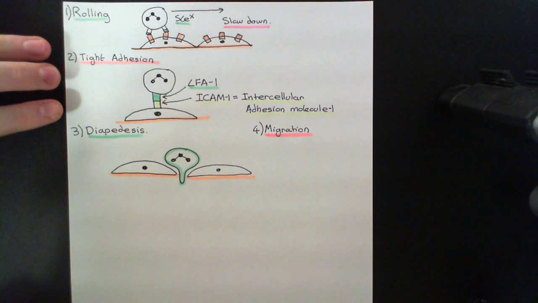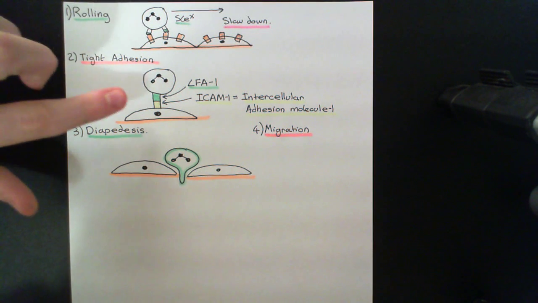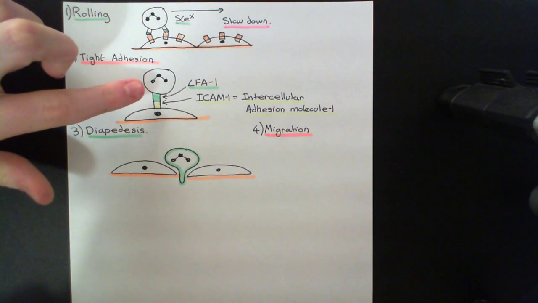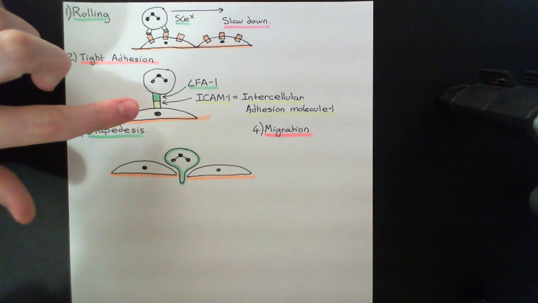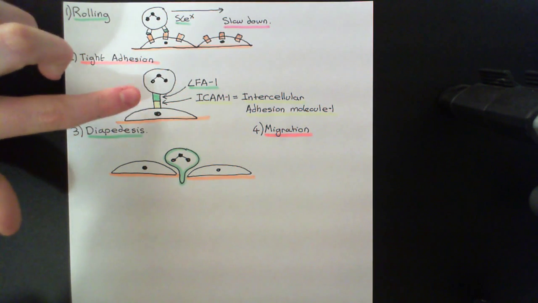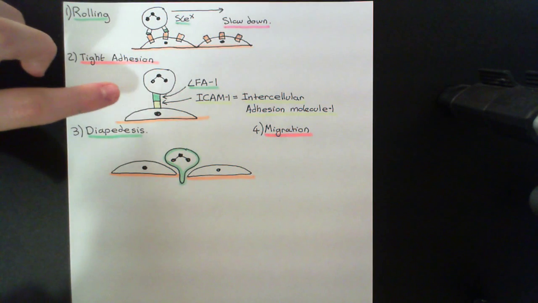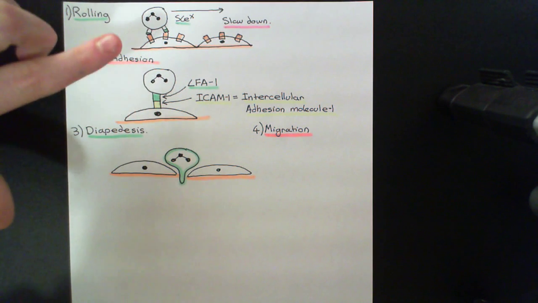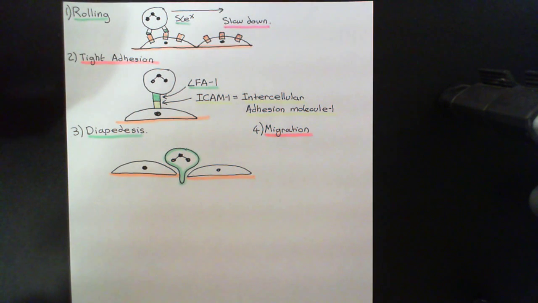Then once it's slowed down, you can form tight adhesions between Lympho1, which is on the surface of the neutrophils, and the protein that's always present on the endothelial cells, known as ICAM1. I'll stress again, the reason these don't usually form is the neutrophils are moving far too fast. You need the p-selectin on the apical surface to slow the neutrophils down.